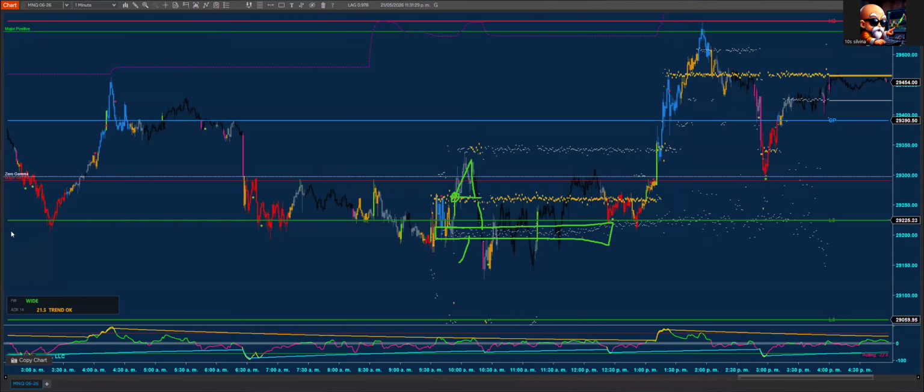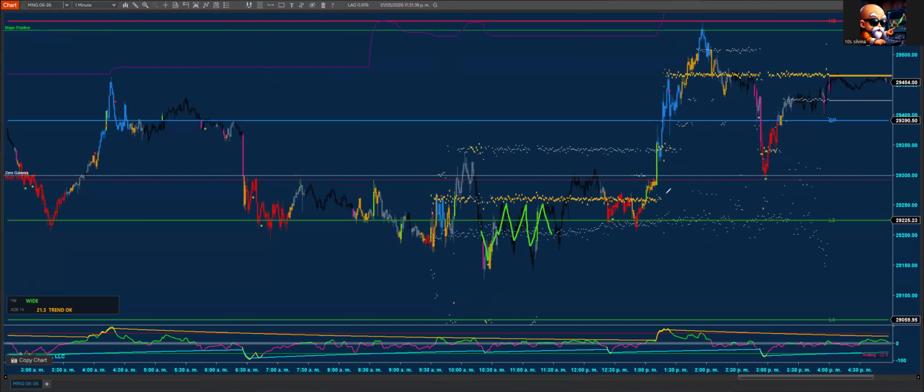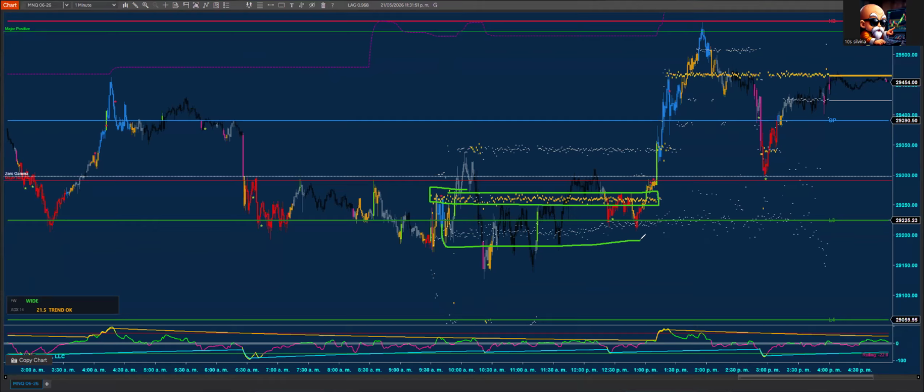But look at this: how price over here came back and held this level between the primary gamma and secondary gamma. These are the domains of gamma: spot domain, spot primary, secondary domain. And price held it.